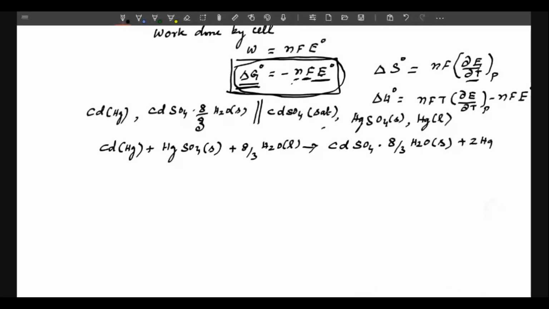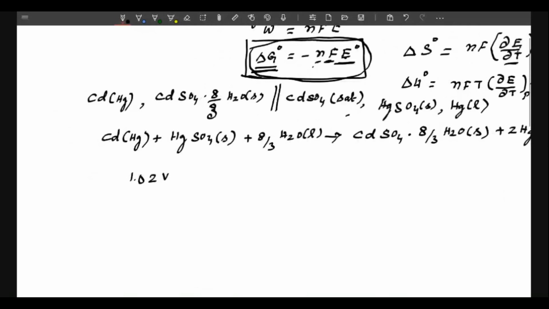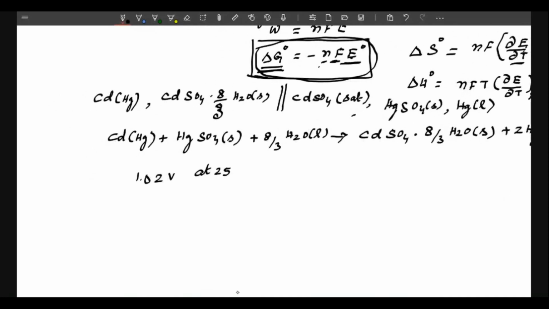This is called the overall cell reaction. The EMF for the standard cell is 1.02 volt at 25 degrees centigrade.